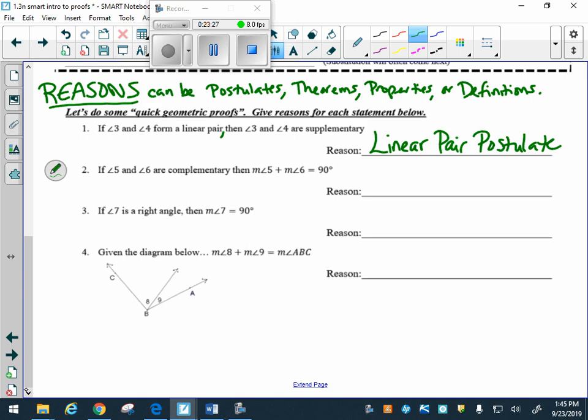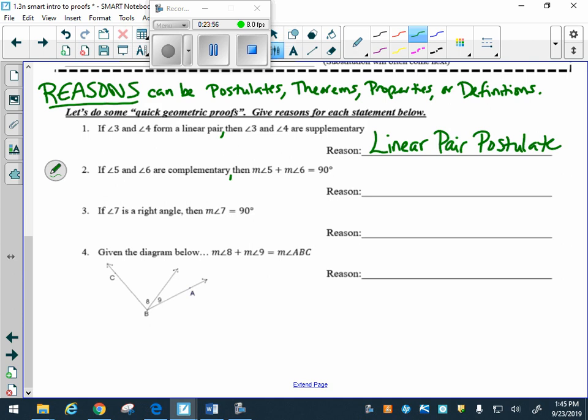So if angle 5 and angle 6 are complementary, then we can say the measure of angle 5 plus the measure of angle 6 equals 90. What would be the reason that we know that? Aaron? Okay, so angle addition postulate is actually only in the case where you have a diagram with angles that are adjacent to each other and you're saying this little one plus that little one equals the entire thing.